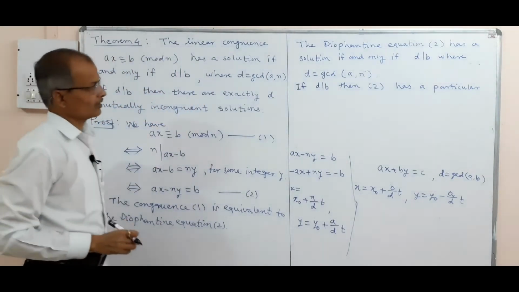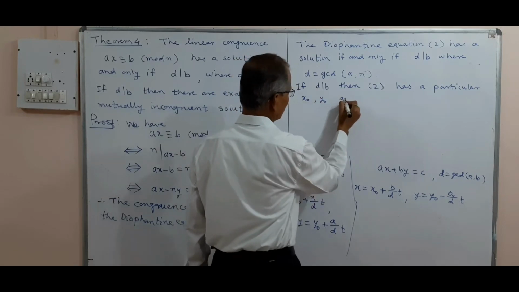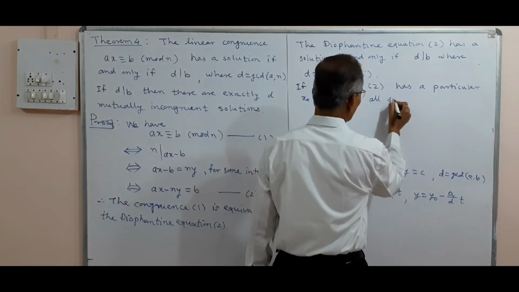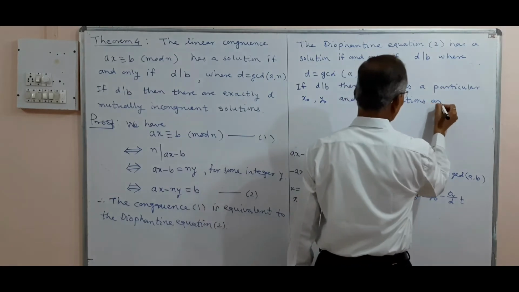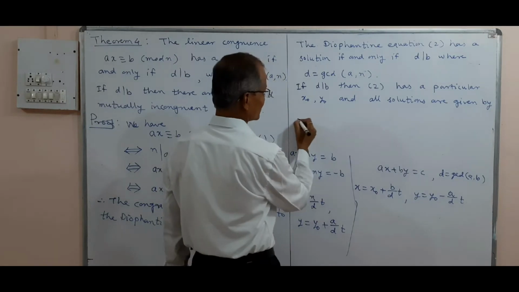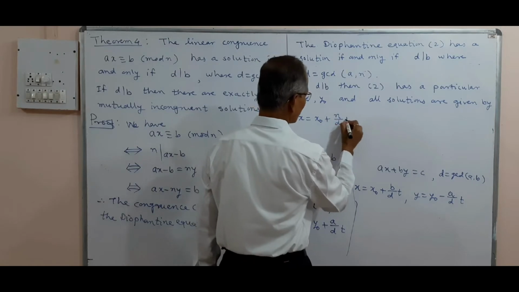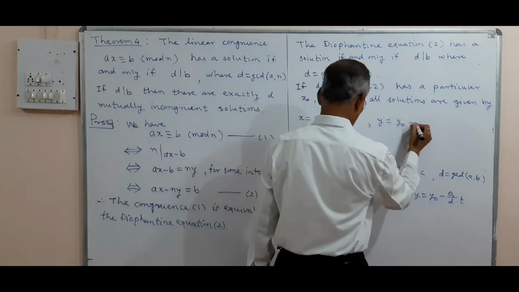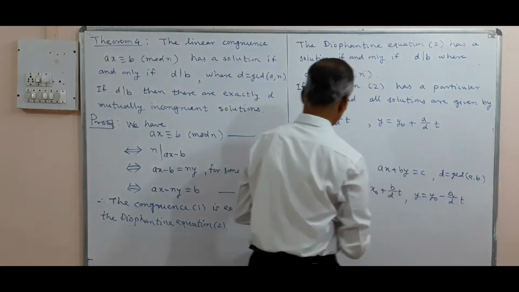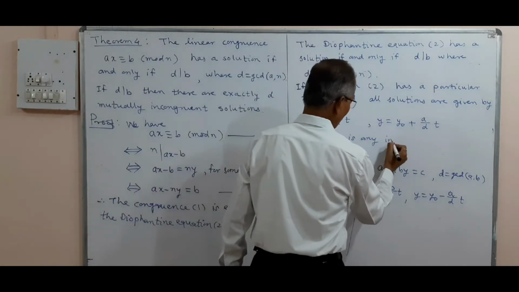If D divides B, then equation 2 has a particular solution, X naught, Y naught, and all other solutions are given by this relation: X is equal to X naught plus N by D into T, and Y is equal to Y naught plus A by D into T, where T is any integer, positive or negative.